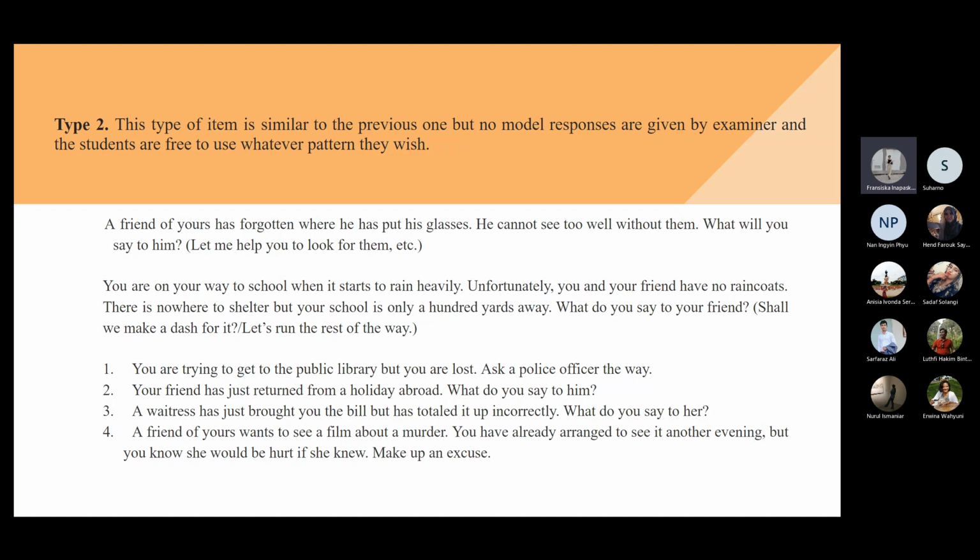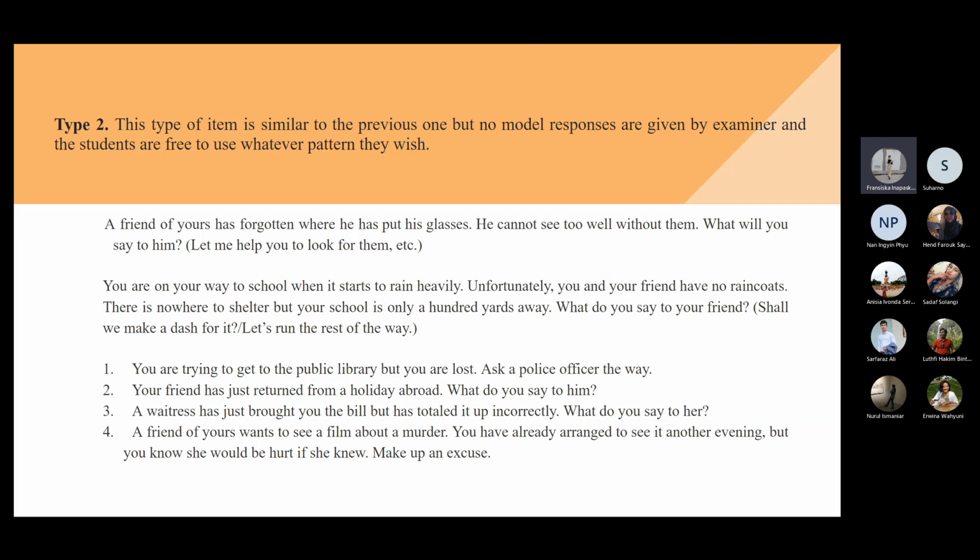So let's take a look at the illustration below. A friend of yours has forgotten where he has put his glasses. He cannot see too well without them. What will you say to him? And then the bracketed response here: let me help you to look for them, etc. And then the other one: you are on your way to school when it starts to rain heavily. Unfortunately, you and your friend have no raincoats.